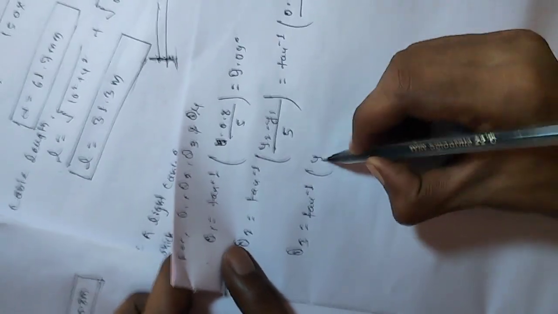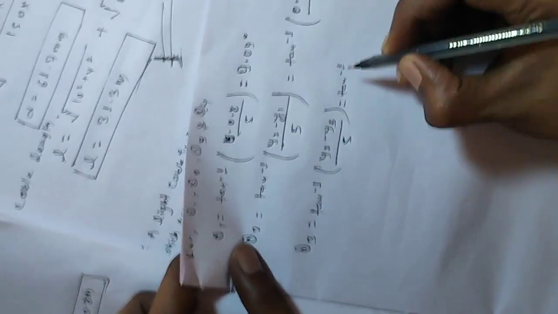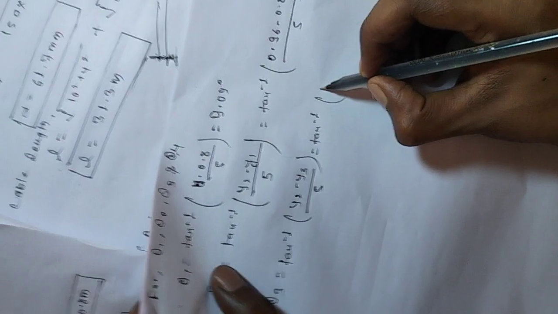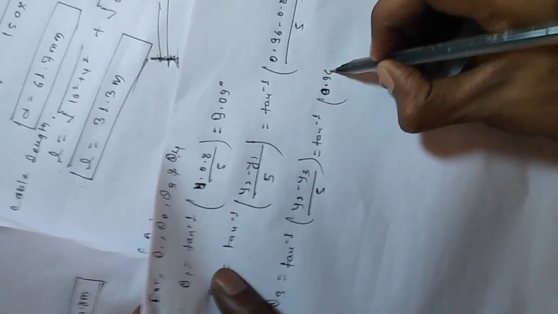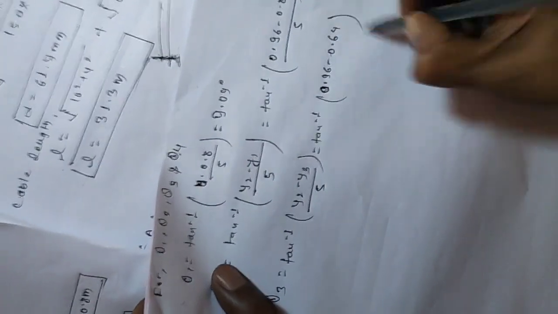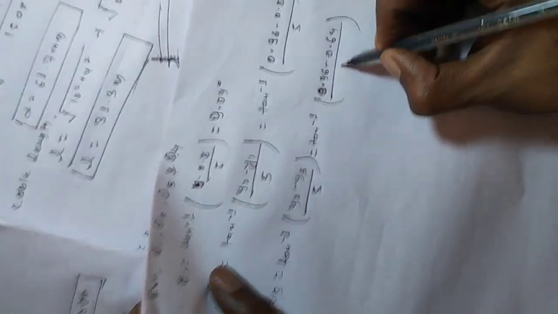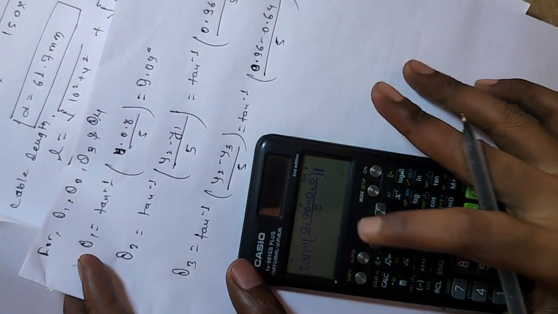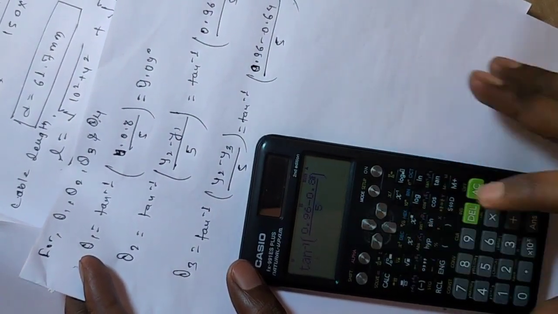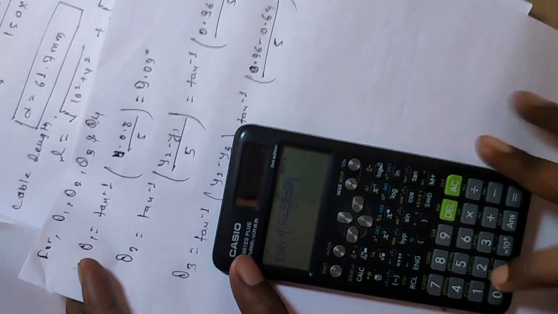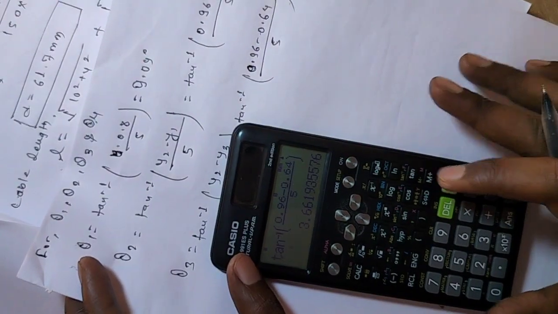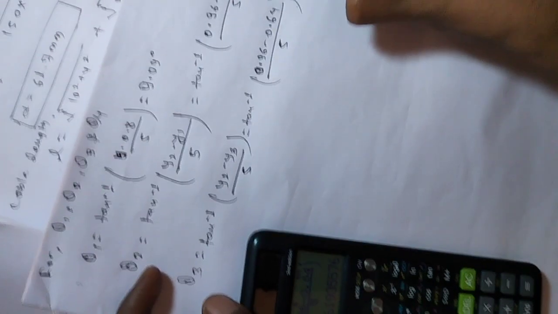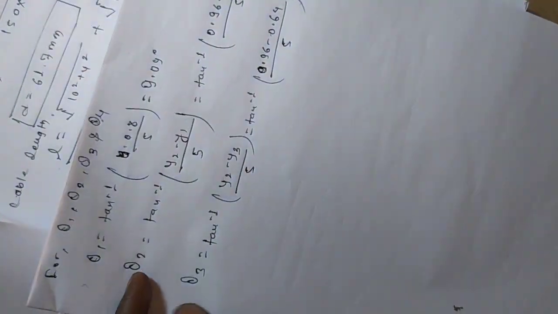Tan inverse of y2 minus y3 divided by 5, that is tan inverse of 0.96 minus 0.64, y3 divided by 5, which will be 3.66 degree. Also we got theta 3.